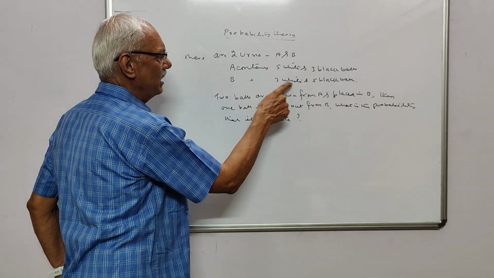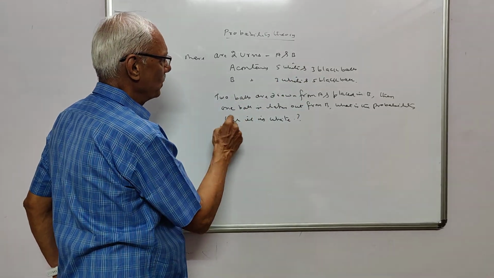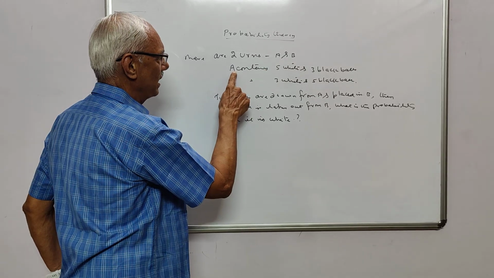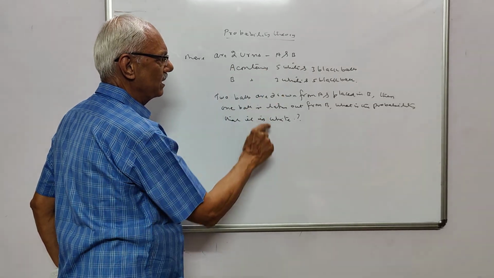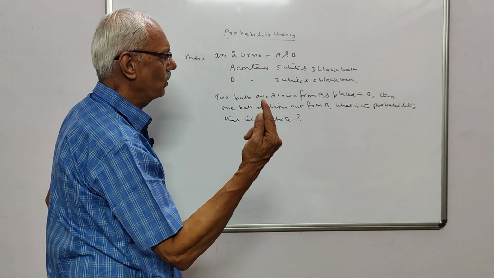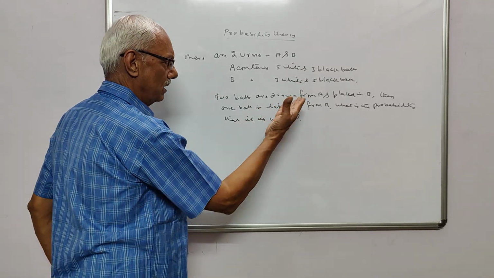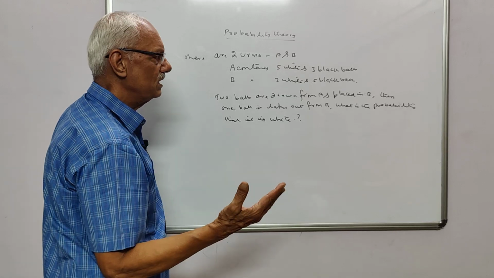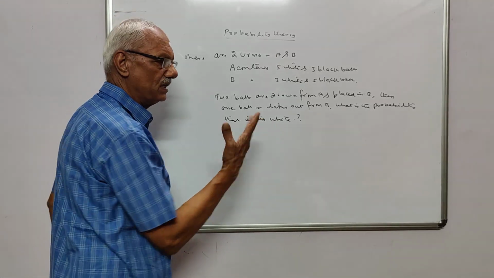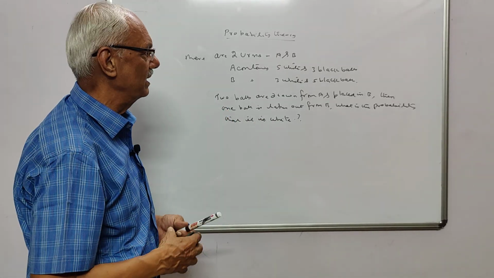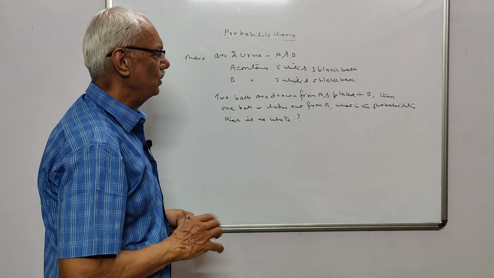B contains 3 white and 5 black balls. 2 balls are drawn from A and placed in B, and then 1 ball is taken out from B. The question is, what is the probability that it is white? It is as simple as that. Now let me start doing the problem.